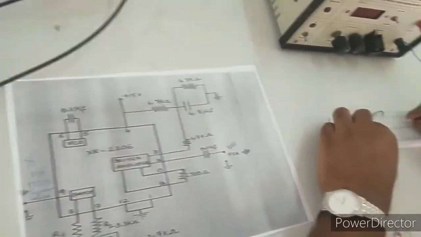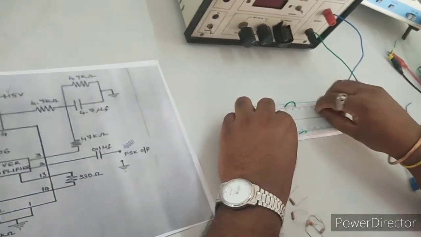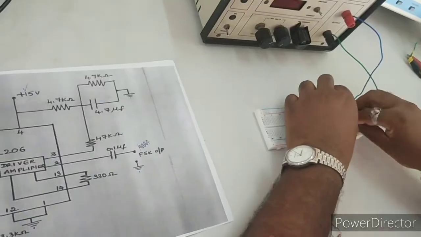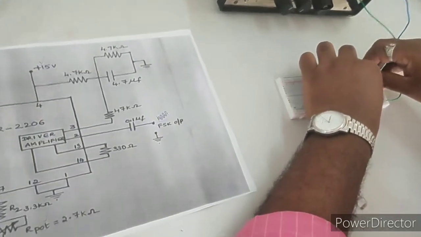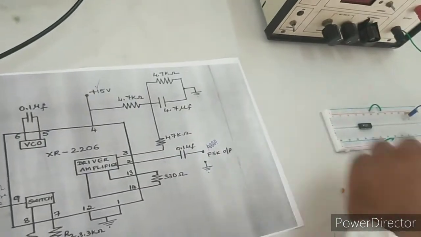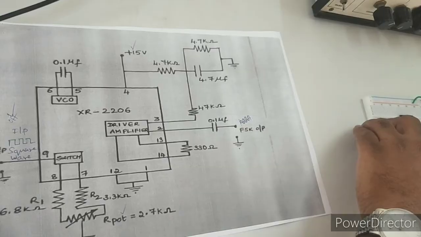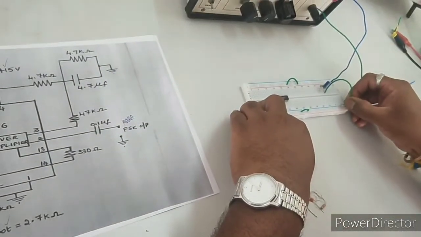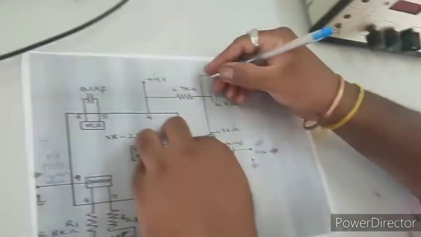Microfarad. So the negative of this short point is grounding this one. So this is a short point.